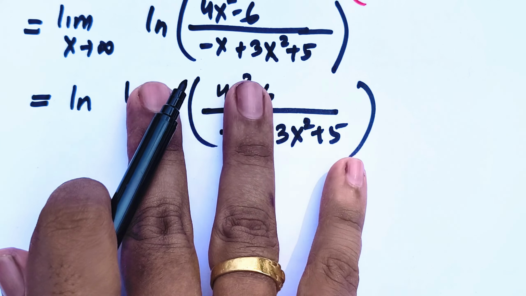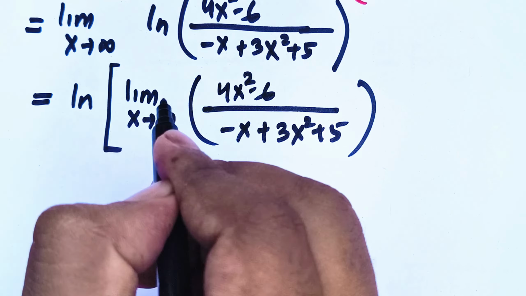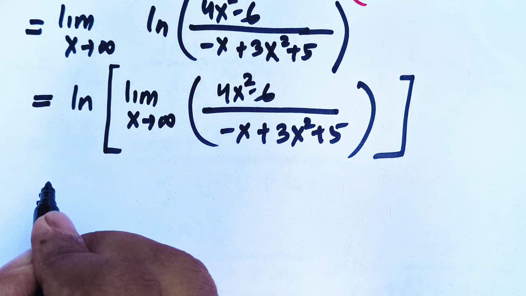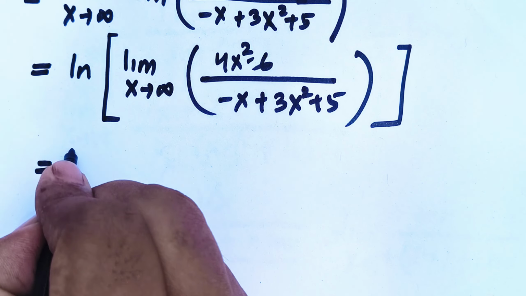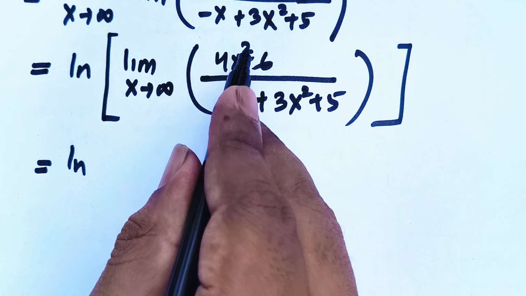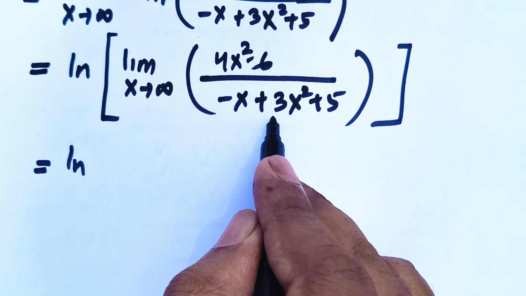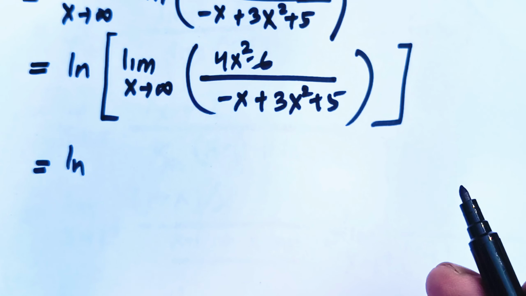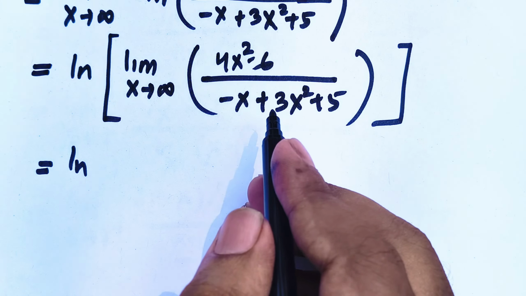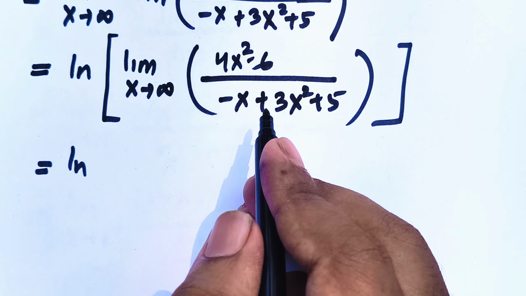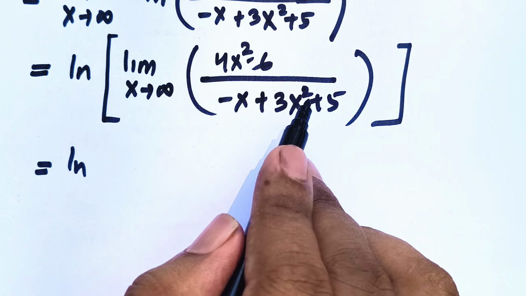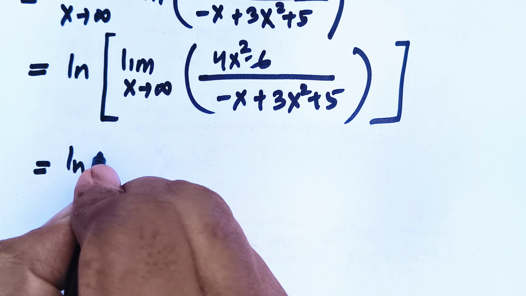Now we have to deal with this limit. So let's check in which form our limit is. When x goes to infinity, this leading term will go to infinity. This dominating term will also go to infinity. Here you can apply L'Hopital's rule, or by just dividing with x square, you can find the limit of this term.